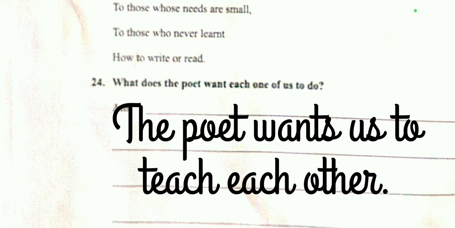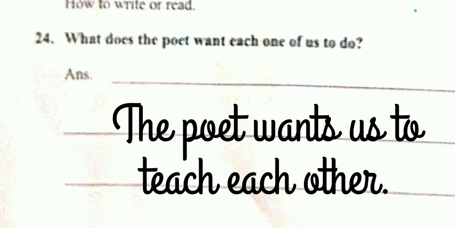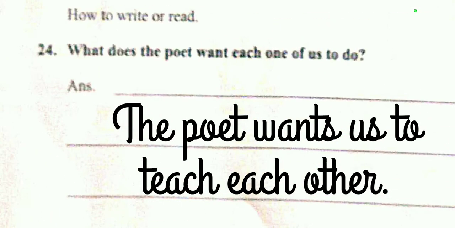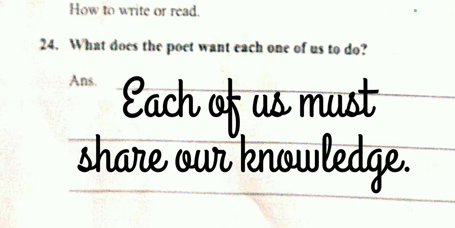So each one teach one means the poet wants each of us to teach each other. That's what the poet wants. So it will be quite difficult to frame that sentence. So you can write the poet wants us to teach each other. The poet wants each of us to teach each other.